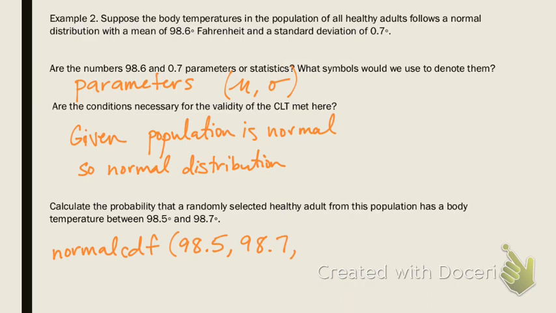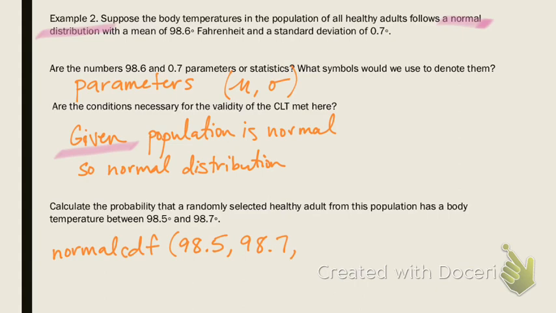That's why I said 130, but you don't use that until part D. So at this point we don't know a sample size, but it doesn't matter because of this right here. So out of the normal condition, it could either be given to you, and at that point it doesn't matter what the sample size is, or your sample size is greater than 30 if it's not given. So here it is given. The population is normal, then you have a normal sampling distribution.